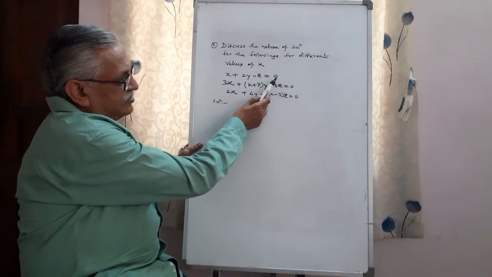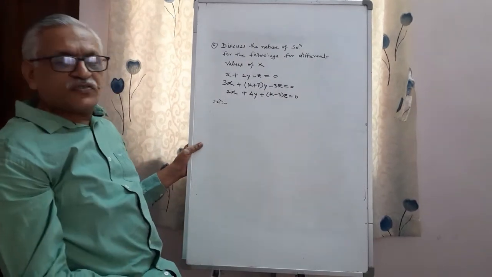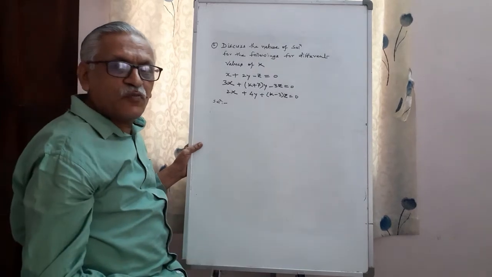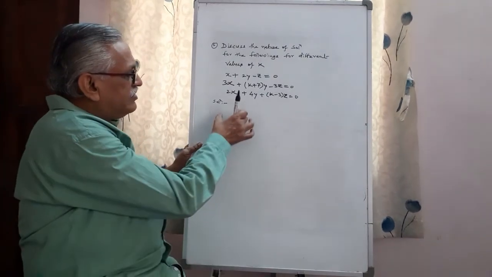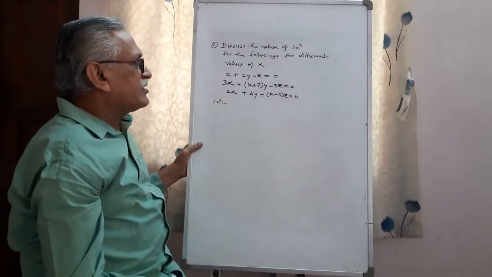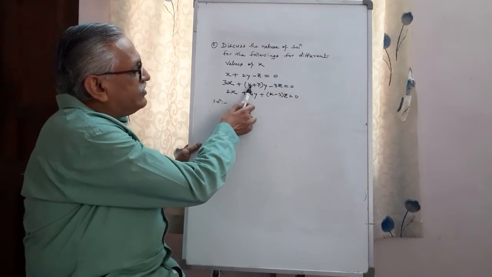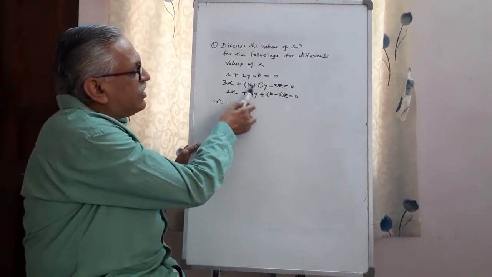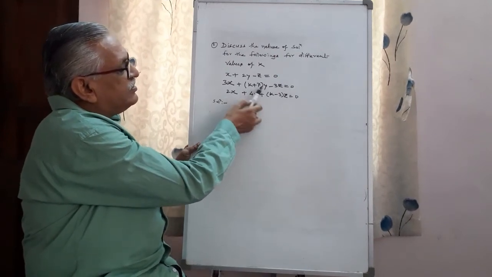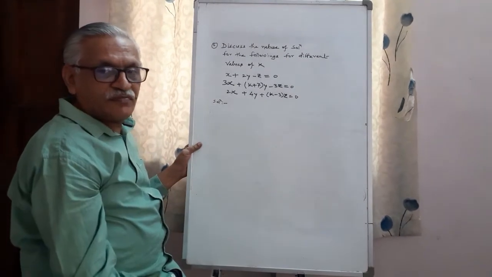If you observe, the right hand side of all these equations is equal to 0, that's why its type is homogeneous. And if you try to apply that canonical form technique, it's very difficult to perform the calculation as k is involved in these two equations.